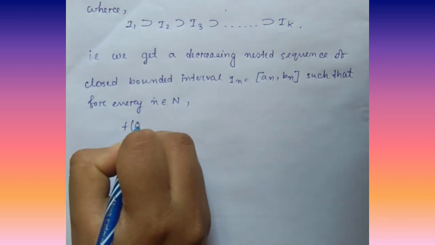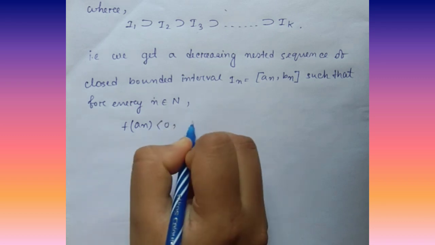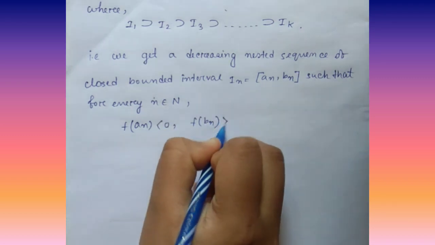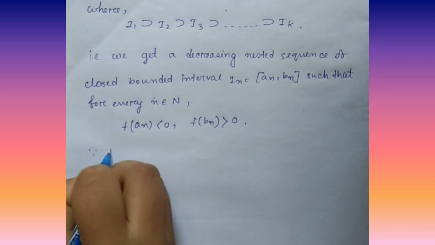At last, we get a decreasing nested sequence In where f of an less than 0 and f of bn is greater than 0.